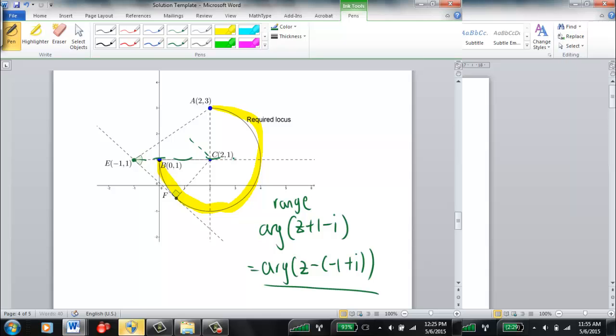This is my positive real axis. The largest value would be here, right? This is my largest angle, because that's the tip where it ends. The green line will be my largest angle. And my smallest angle would be where E goes and joins F as a tangent. This is my smallest angle, alpha, which you expect to be negative.